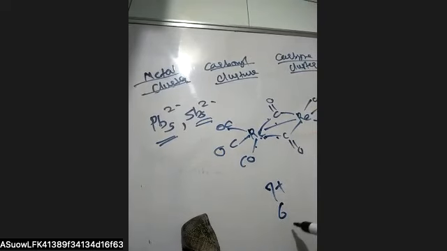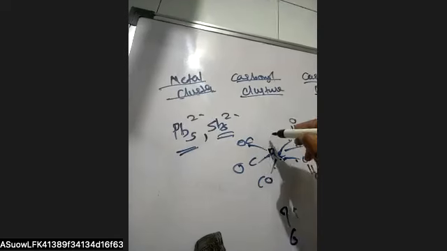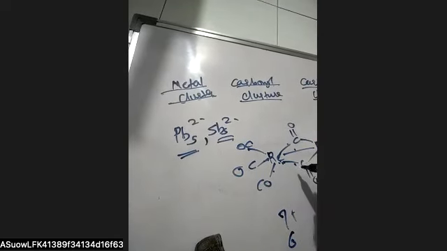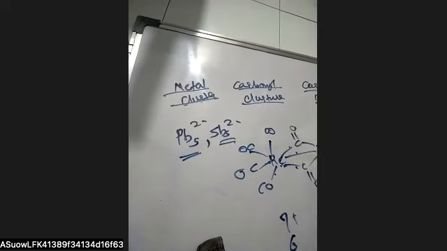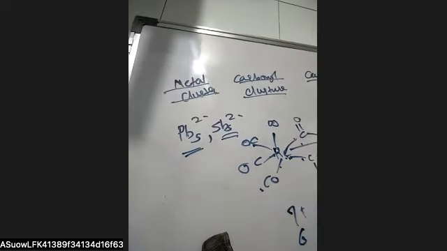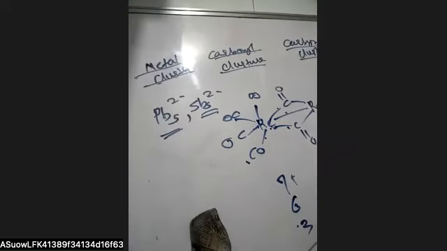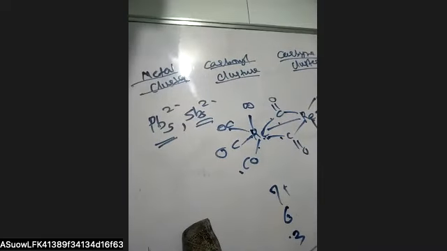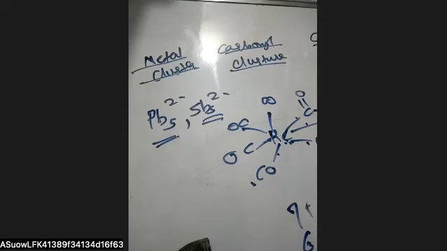Here, for example, we can take one more, 4 CO here, 4 CO here. So these types are the carbonyl cluster. And in the case of the carbide cluster, sir, I don't know about it, sir.